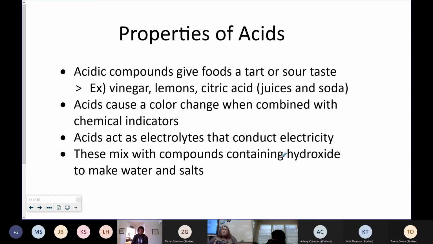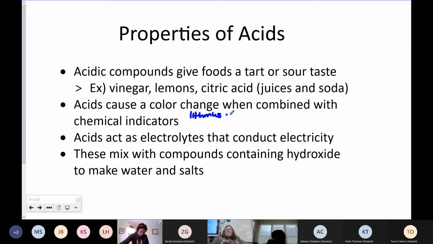Acids cause a color change when combined with chemical indicators. We are going to do an indicator lab on Tuesday. So you'll see the different colors that they change. Big ones to know, indicator-wise, there's litmus paper. Litmus paper are like the little pH strips that you might have used before.